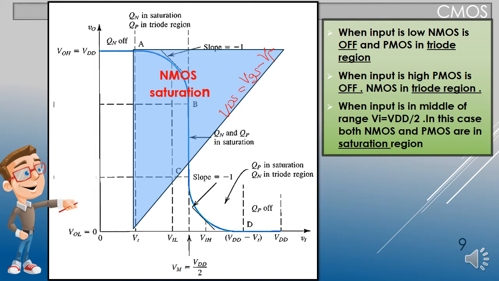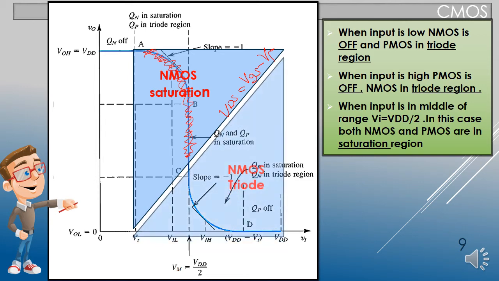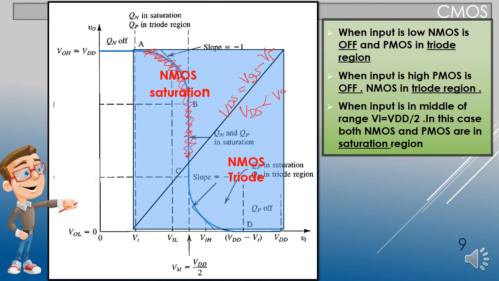This is a line. When VDS is greater than VGS minus VT, all above cases are NMOS in saturation. In all these conditions, NMOS is in saturation. When VDS is less than VGS minus VT, all these cases are NMOS in triode region.